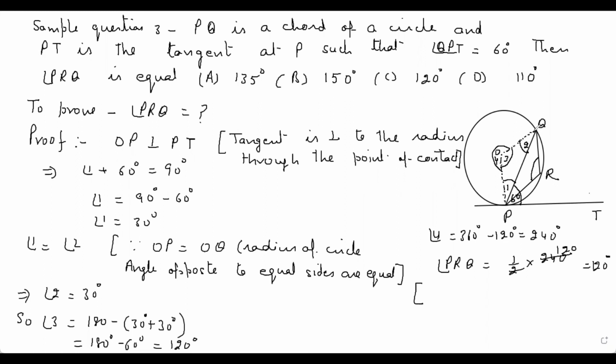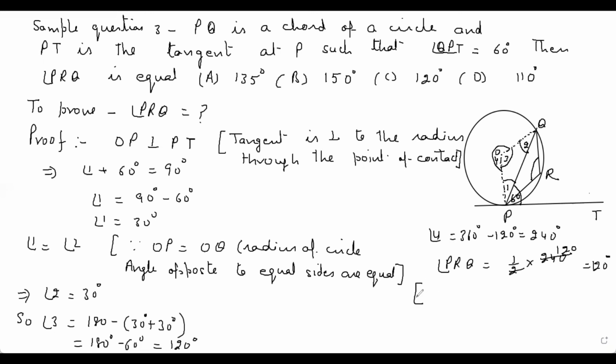PQ is an arc. The angle subtended by arc PQ at the center is double the angle subtended by it on the remaining part of the circle. So this angle is half of this angle. So PRQ is half of 240 degree.